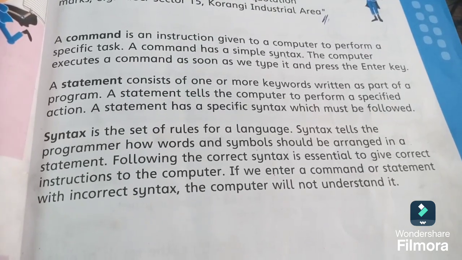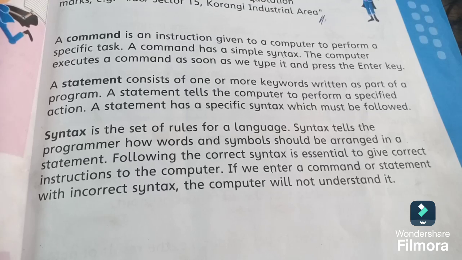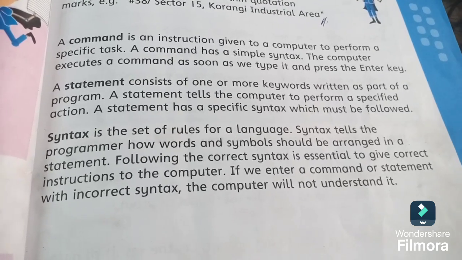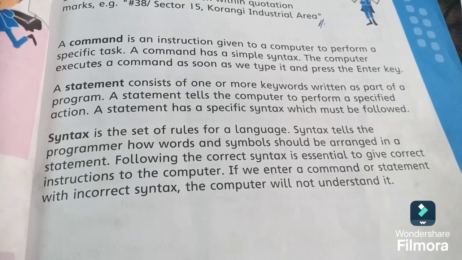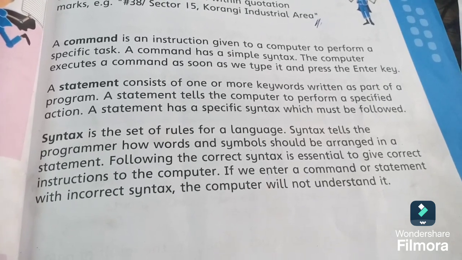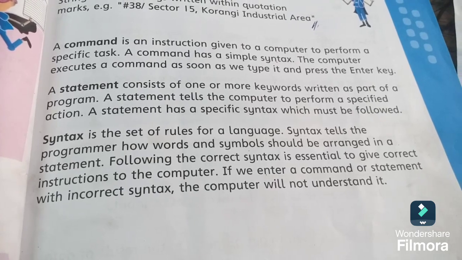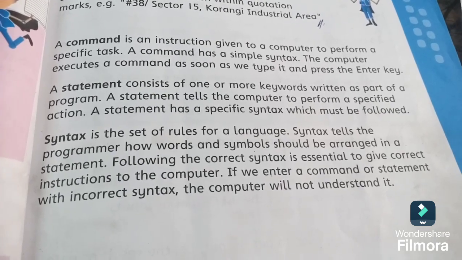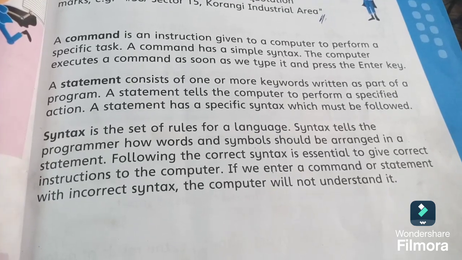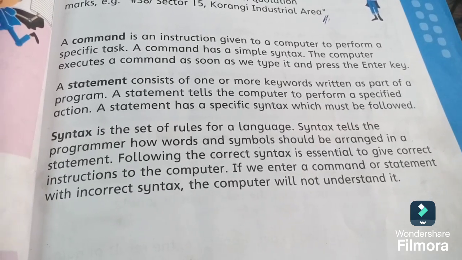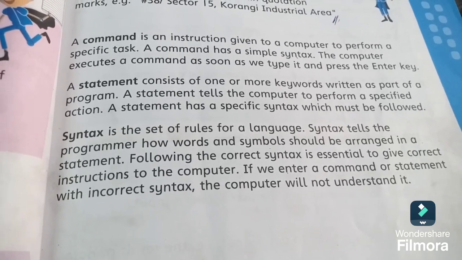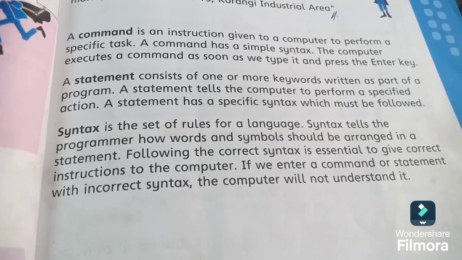I have told you that computer has many different languages, for example Java, C++, Python, and JavaScript. So these are the languages of computer, and each language has its own specific set of rules. Okay? Every language has its own syntax, and if you want to give a command in the language of Java, then you need to write the correct syntax of Java.